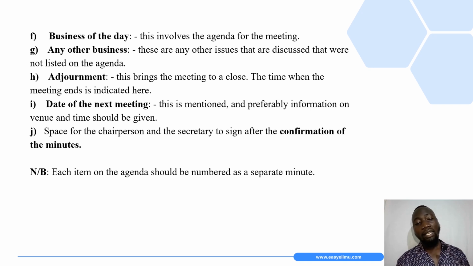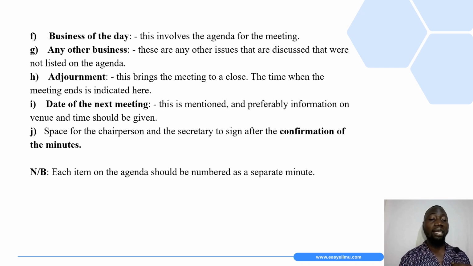And lastly, sometimes you might be told to write it separately according to the instructions given by the examiner. So lastly, space for the chairperson and the secretary to sign after the confirmation of the minutes must also be indicated.